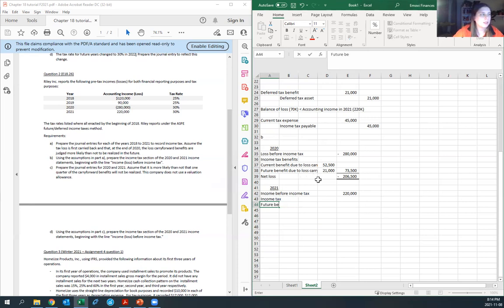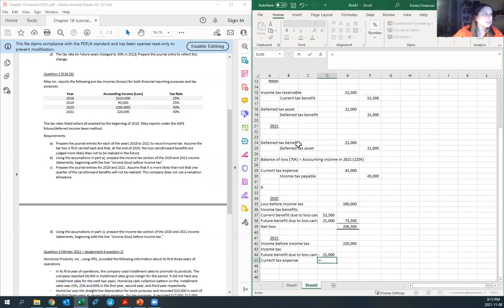So you're going to reduce your section by the $21,000 here. So it's the future benefits due to a loss carry forward. So that's minus $21,000. And then you're going to have your current tax expense. So whatever amount that you paid, which is $45,000.